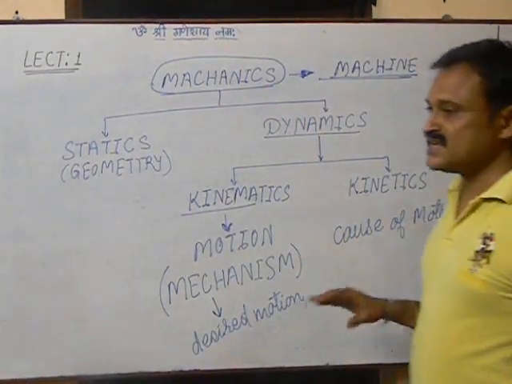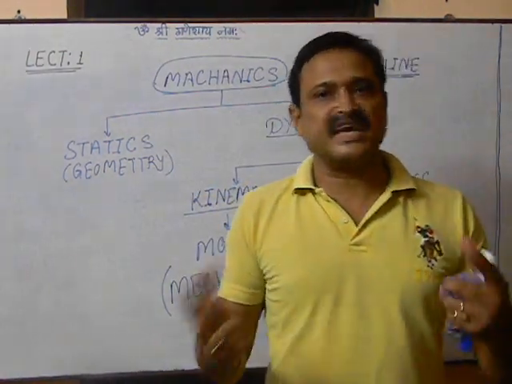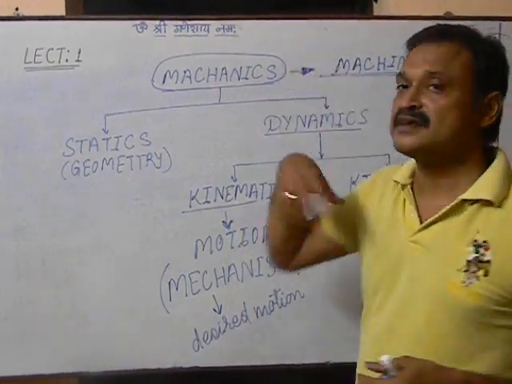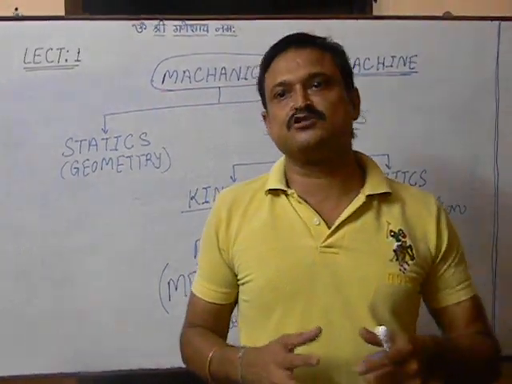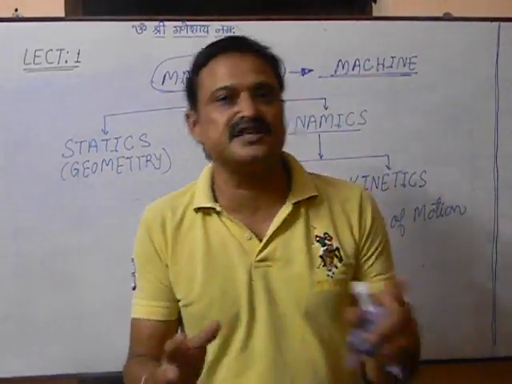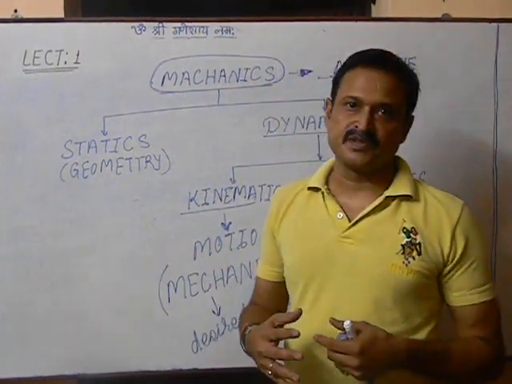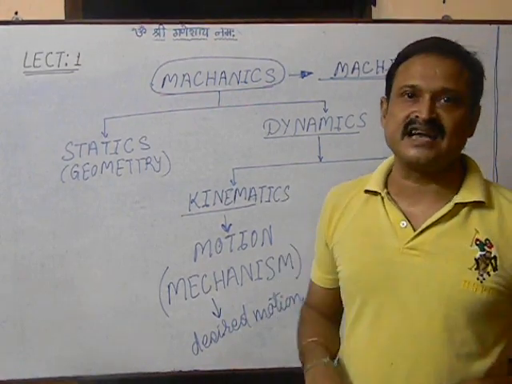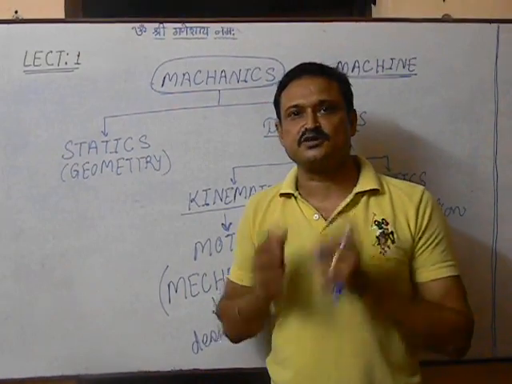So in other words, a machine is a mechanism because I need to do some work. Earlier we started with the idea that a machine is to reduce human effort. So there has to be some useful work done. When work is done, there has to be displacement of the body, so there is definitely motion. So in case of a machine, there is motion involved, but also power or energy, forces, torques.